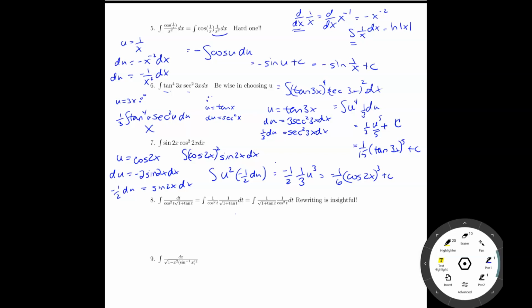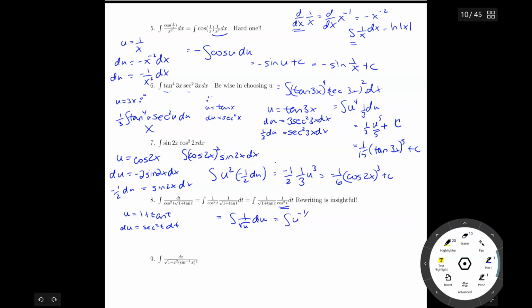Looking at this, I can see that letting u equal the inside of the radical will be a good idea. So letting u equal 1 plus tangent t, and then du will be secant squared of t dt. And isn't that what 1 over cosine squared is? It is. So this turns into 1 over the square root of u du.